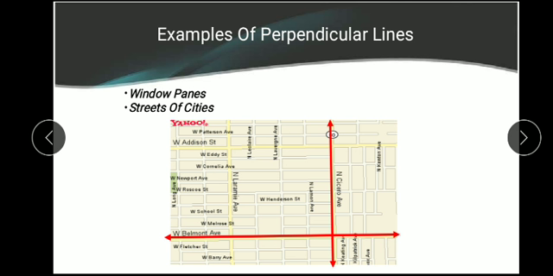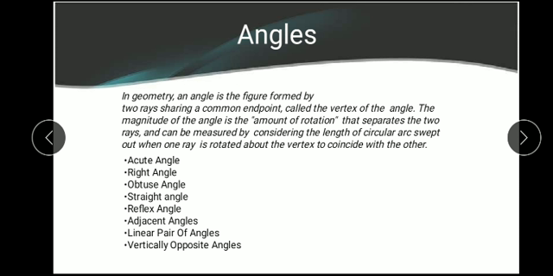Examples of perpendicular lines: window panels, streets of cities. Like this one, you can see one line, and here are four right angles, 1, 2, 3, 4. Such types are called perpendicular lines.